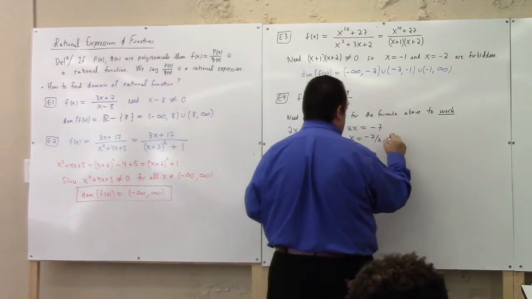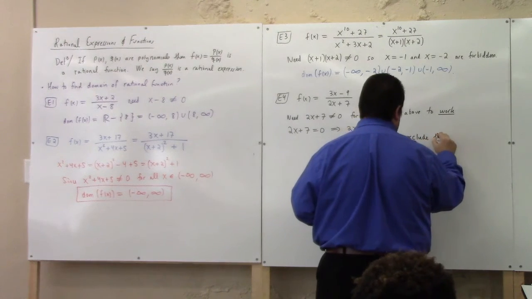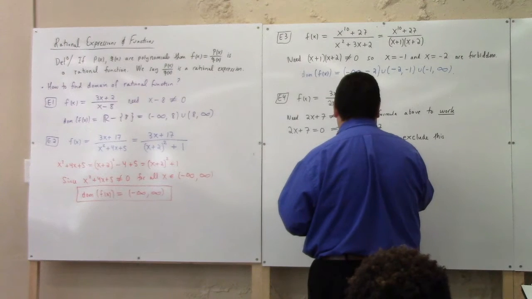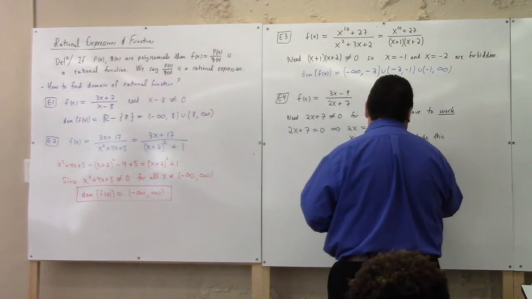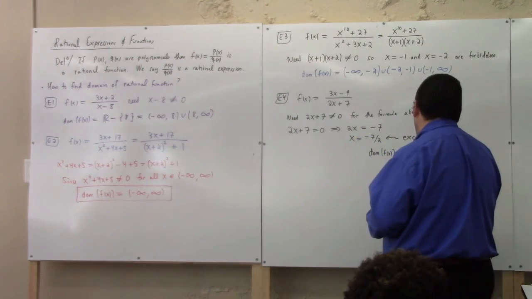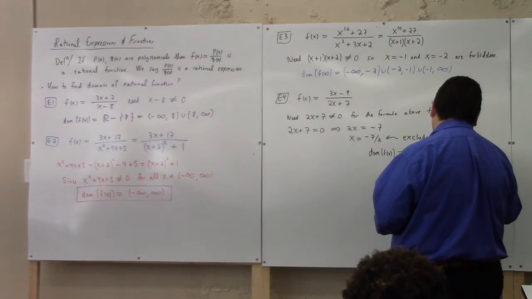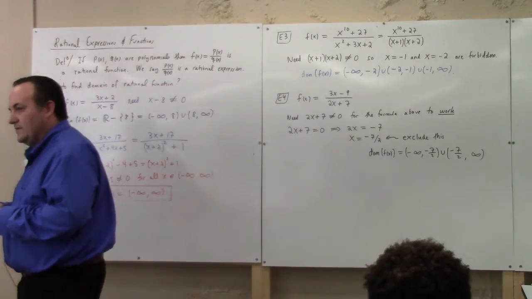So we must exclude this. So we want to exclude minus 7/2, so we do this. That's the domain in this case. We just take the real numbers and throw out minus 7/2.